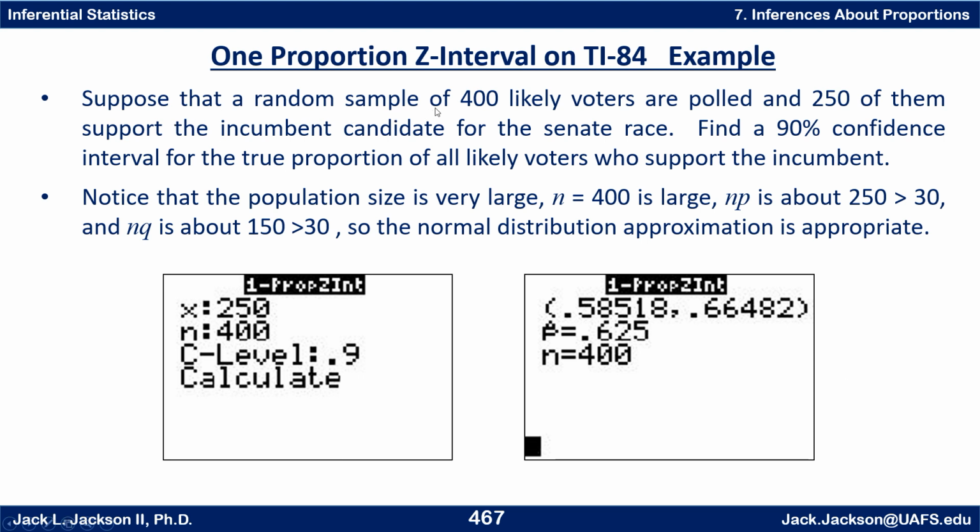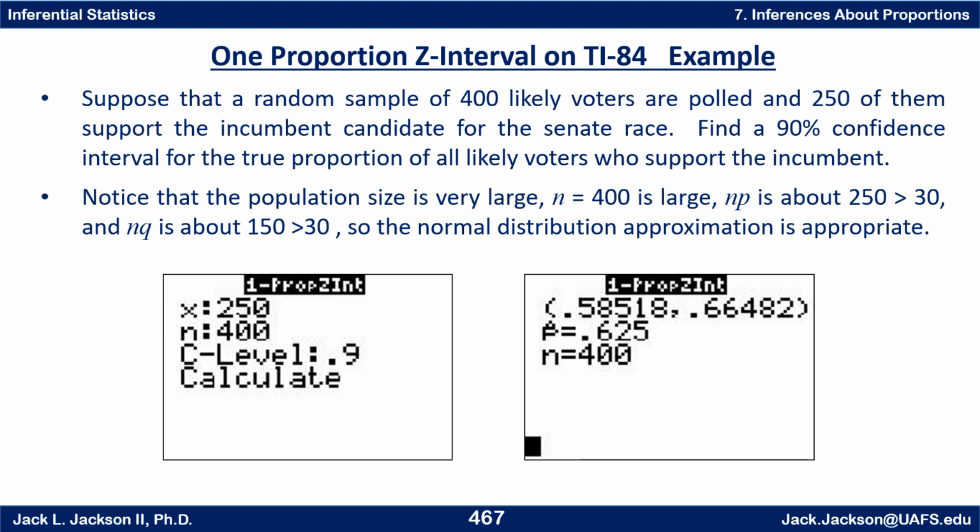Suppose that a random sample of 400 likely voters are polled, and 250 of them support the incumbent candidate for a Senate race. Find a 90% confidence interval for the true proportion of all likely voters who support the incumbent. Notice that the population size is very large, so at least a binomial approximation is going to be good to this hypergeometric distribution of proportions.